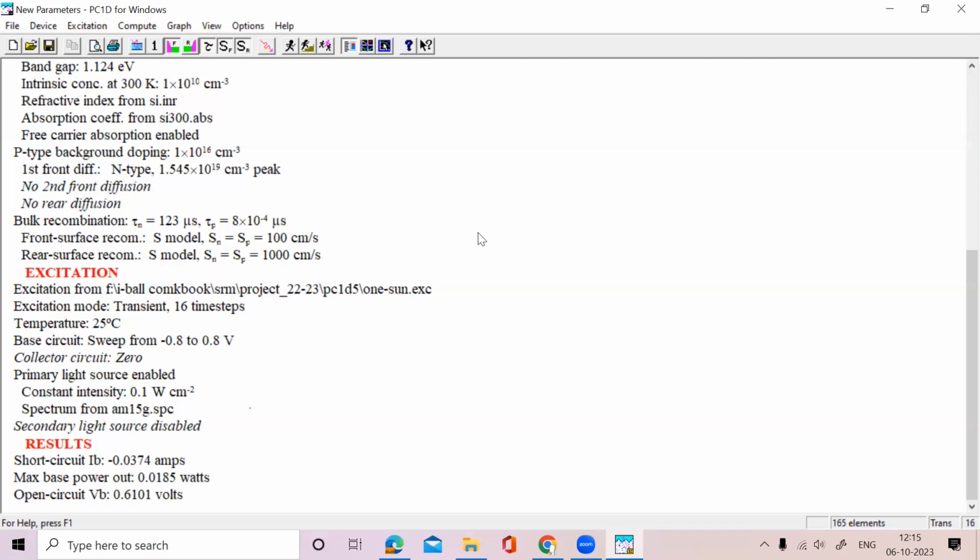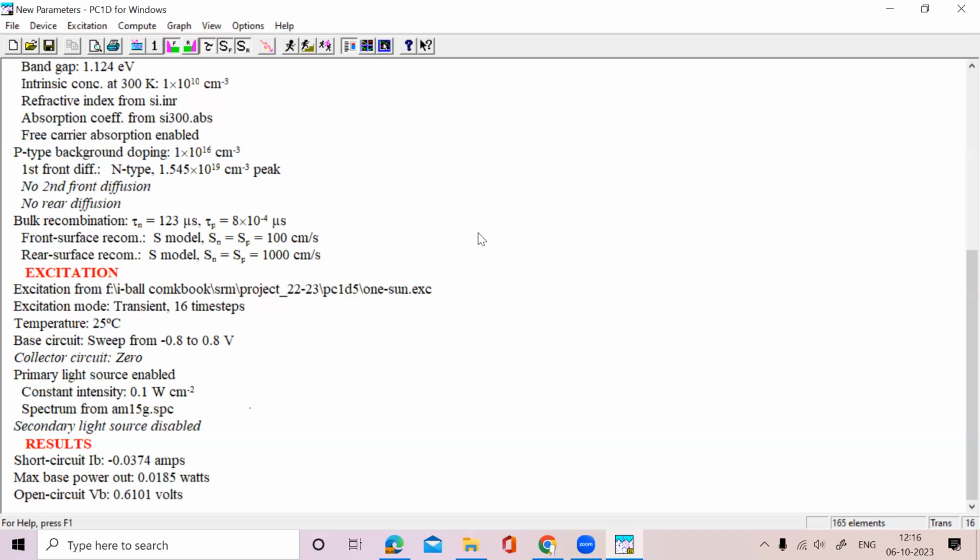Some other materials are also available, like indium phosphide, aluminum, and gallium arsenide. You can use these too. Also, you can optimize the ARC coating with some thickness, and you can find out what the actual result is.